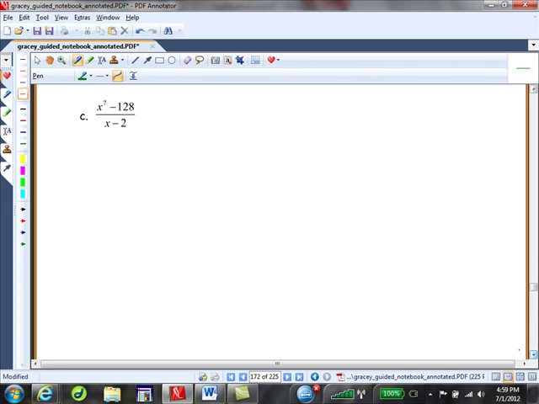Here we go. All right, so x to the 7th minus 128 is 1x to the 7th plus 0x to the 6th plus 0x to the 5th plus 0x to the 4th plus 0x cubed plus 0x squared plus 0x minus 128.